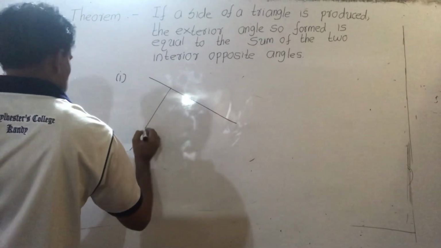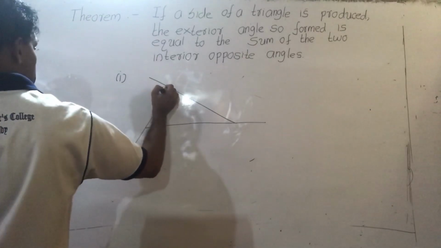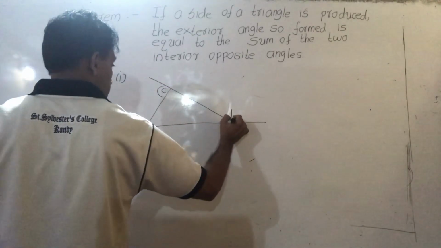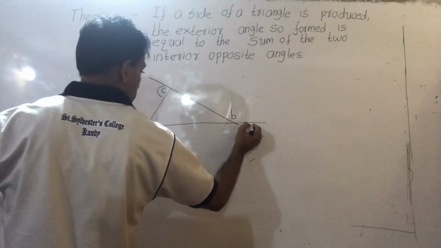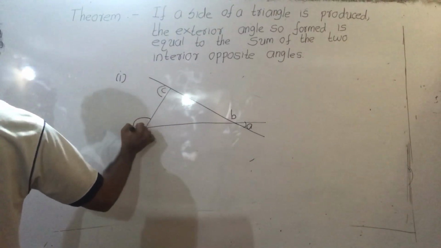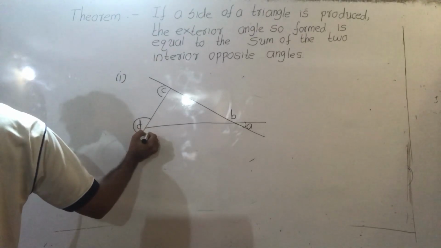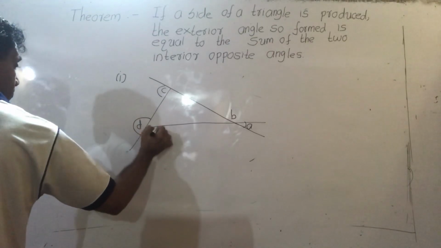That's why they ask this. See this diagram. This is C. Here B. And this is produced A. This completely they mention D. And there is D, A, B, C, D. Can I say here E?